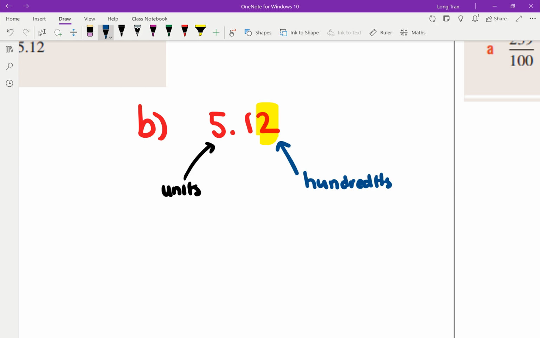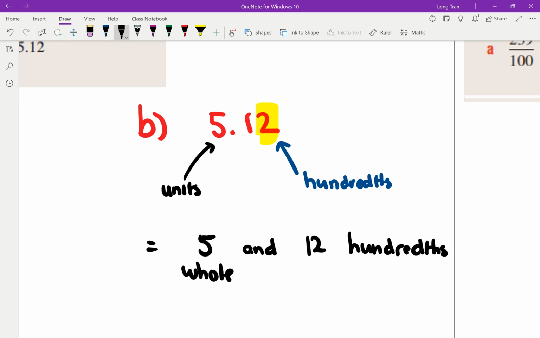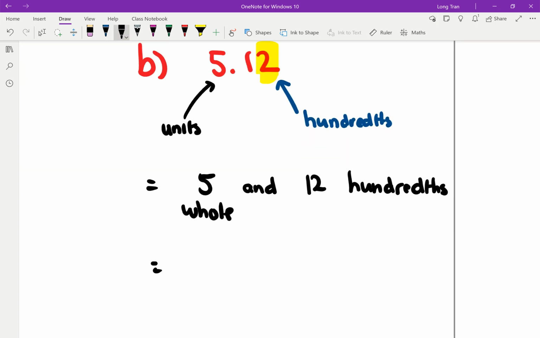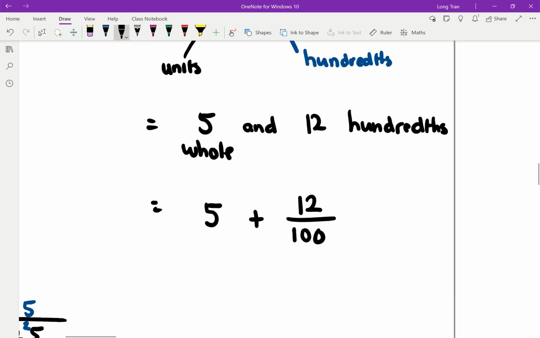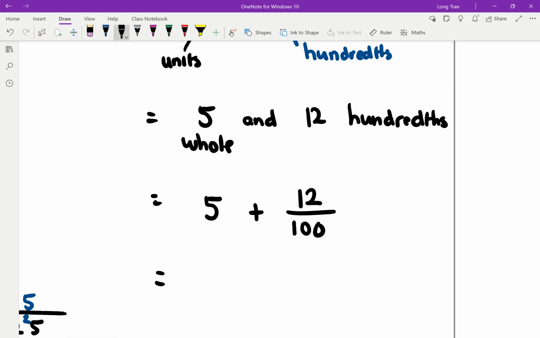To put it together, I've got 5 wholes and 12 hundredths. So when you write it as a fraction, it is 5 and, where 'and' means add, 12 hundredths. So writing it as a mixed fraction is just 5 and 12 hundredths.